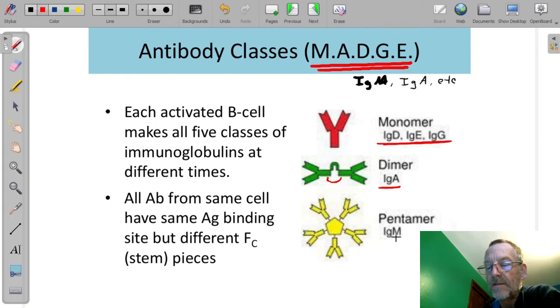And IgM is a pentamer, where there are 5 IgMs all stuck together, stem to stem, forming sort of a pentagon type shape arrangement. So one thing to remember is that all 5 classes of antibodies are produced by a single plasma cell.